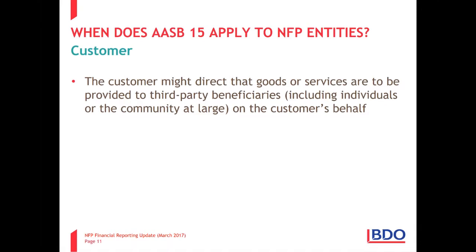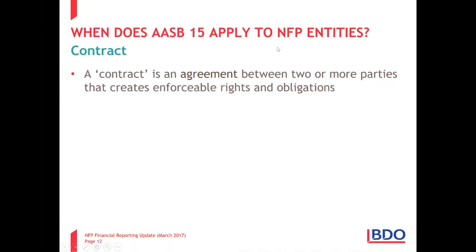So this standard says, hang on, in a not-for-profit sector, you often find a situation where the government would give you money and ask you to do certain things on their behalf and to provide food to the homeless, so to provide food to third parties or the community at large. And in that situation, the government within a not-for-profit sector would still be the customer. So very important they clarify this. Your customer could be that party that's making a donation and is directing you to do something, not to them, but to somebody else. So that clarifies that.